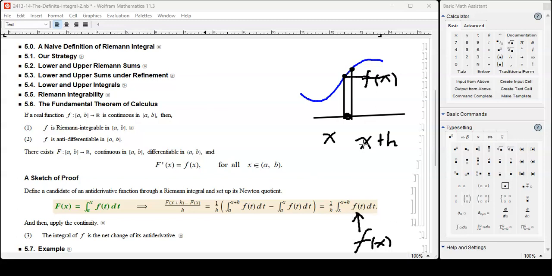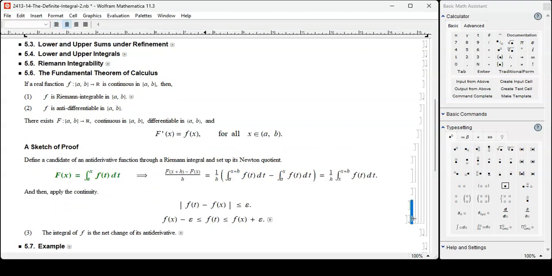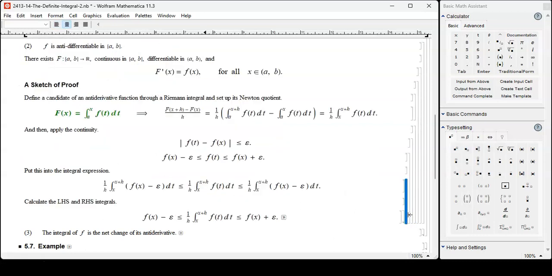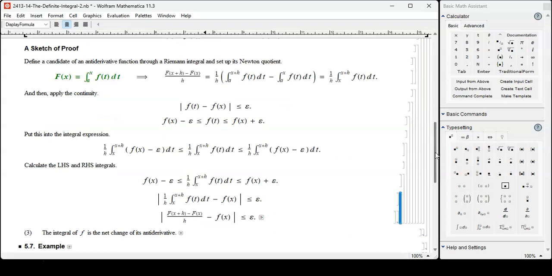But the main idea is replacing this f of t by f of x because the difference is meager. Here in this notebook, I wrote it in really formal fashion, so it looks really intimidating, but it doesn't have to be this bad actually.